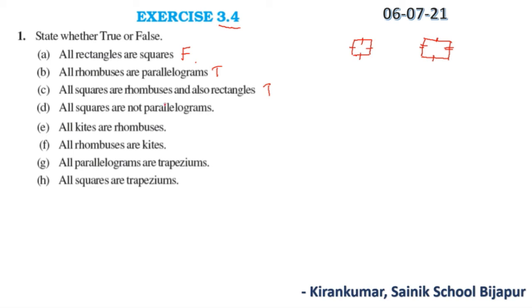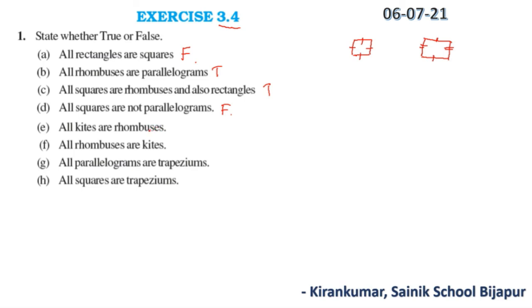Next statement, all squares are not parallelograms. This statement is a false statement because all squares are parallelograms. Opposite sides will always be parallel to each other and equal to each other in case of a square.